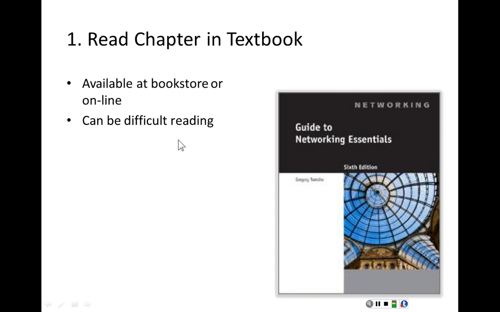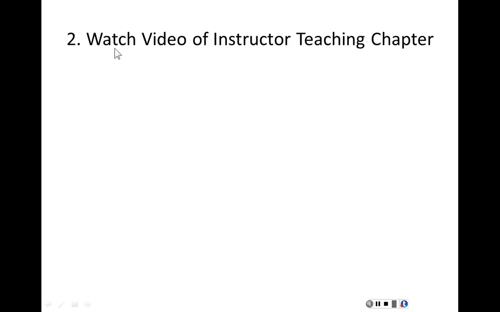The textbook can be difficult reading, especially if it's the first time you have read about the topic. Grind through that chapter, and then once you're finished reading the chapter, then 2, you watch the video of the instructor teaching the chapter, and these are videos of me teaching the material just as I do in front of a regular classroom.